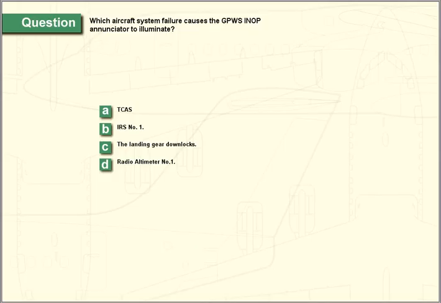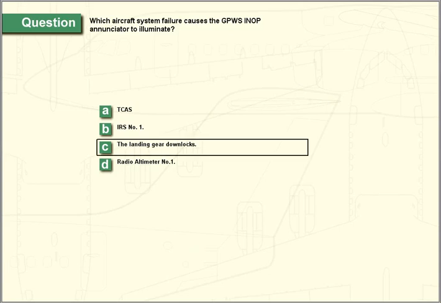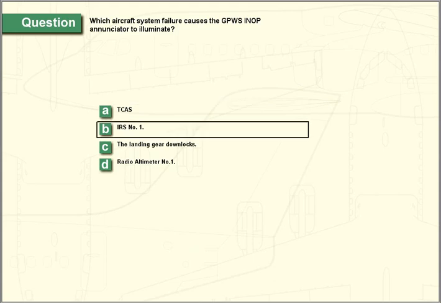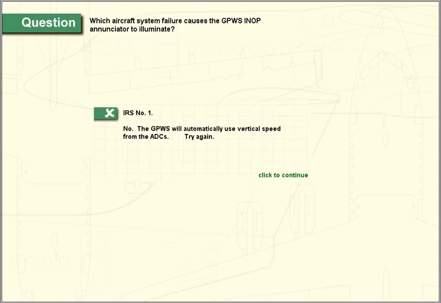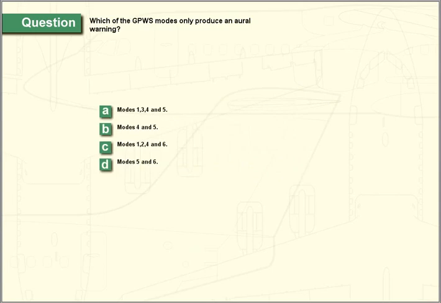Which aircraft system failure causes the GPWS inoperative annunciator to illuminate? Which of the GPWS modes only produce an oral warning?